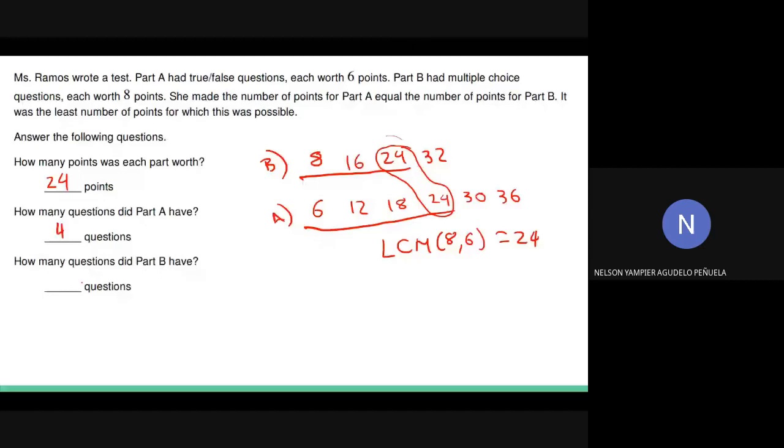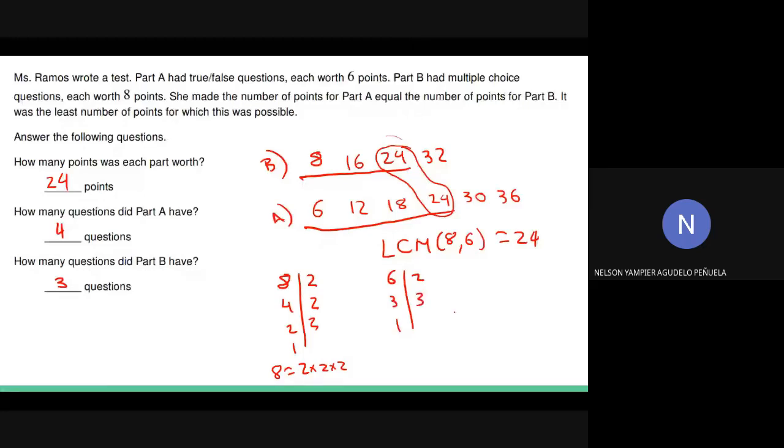But remember, Catalina and everyone, you can do it with the prime factorization. 8 prime factorization, 6 prime factorization. We can do it 2, 2, 2. So 8 equals 2 times 2 times 2. 6 is 2 times 3.